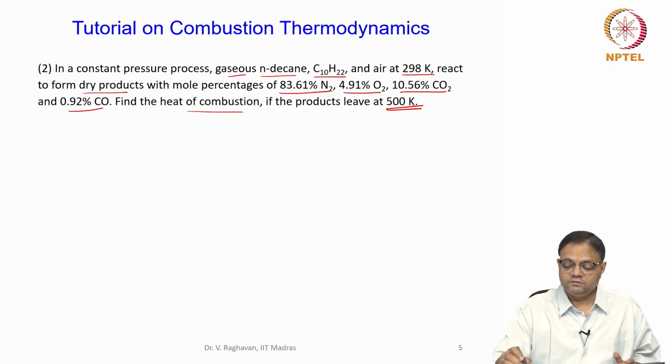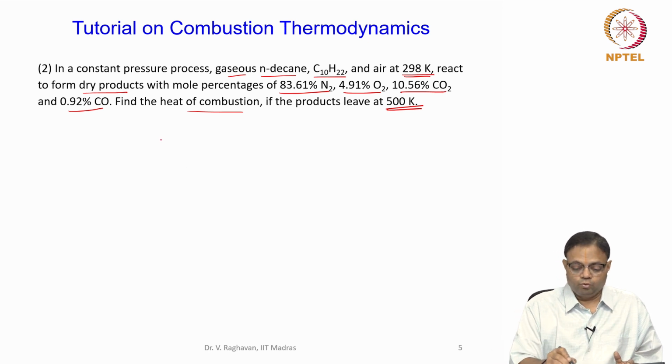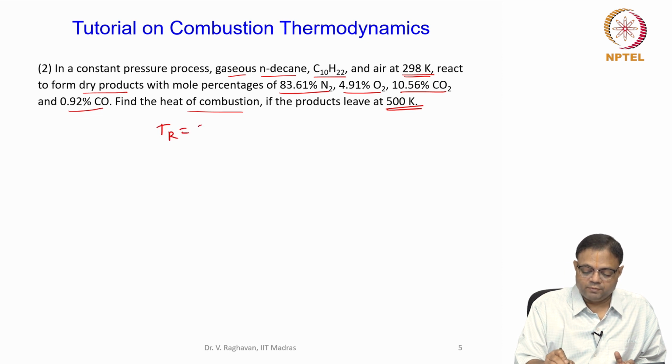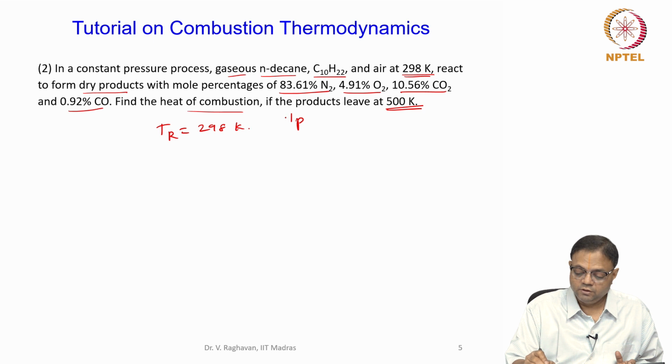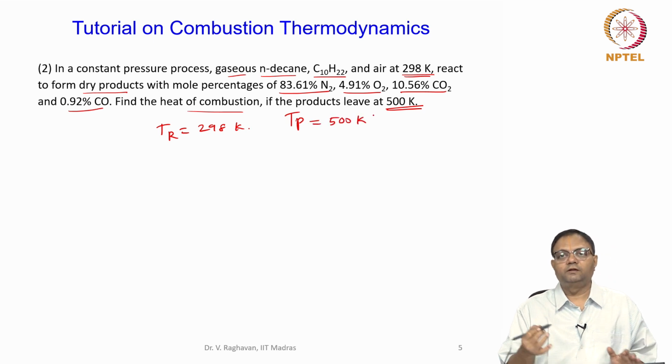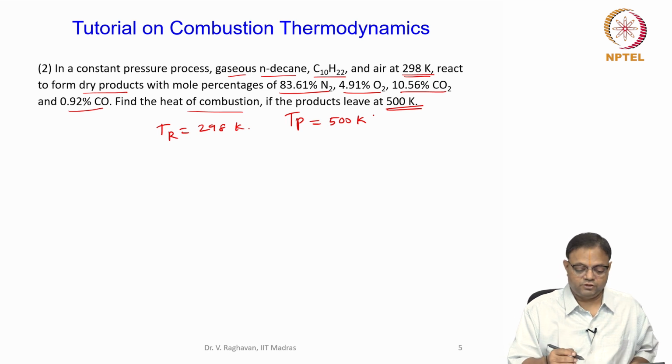Reactants come in at 298, so the reactant temperature is the reference temperature of 298 Kelvin. The product temperature is 500 Kelvin, which is more than the reference temperature.